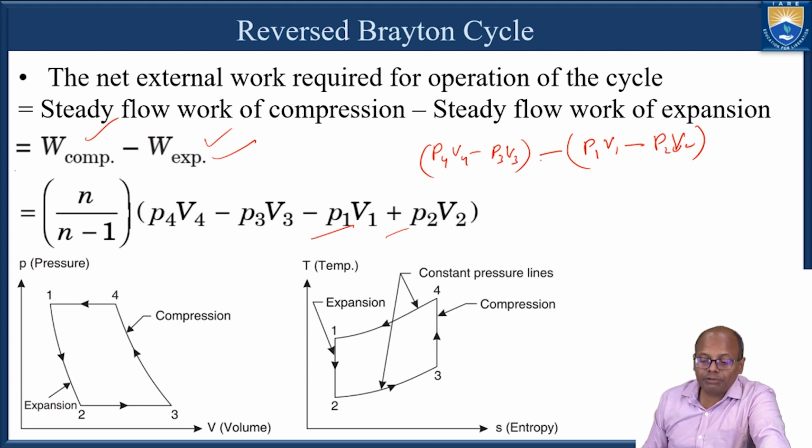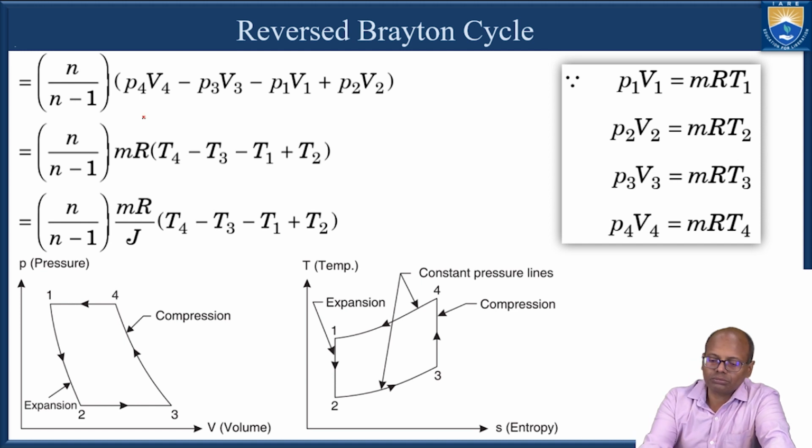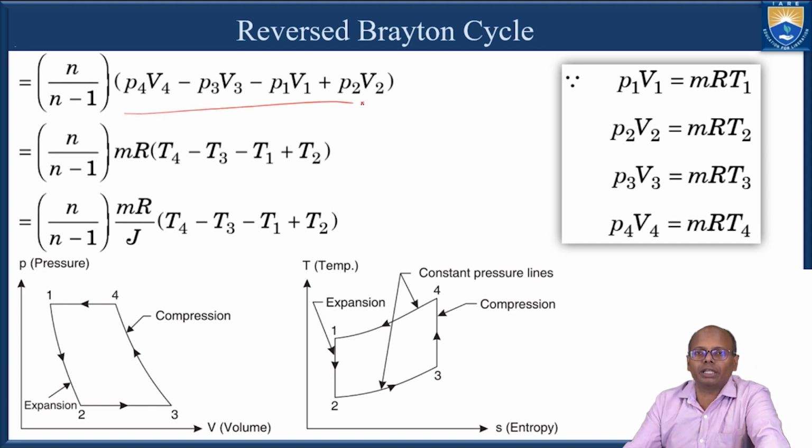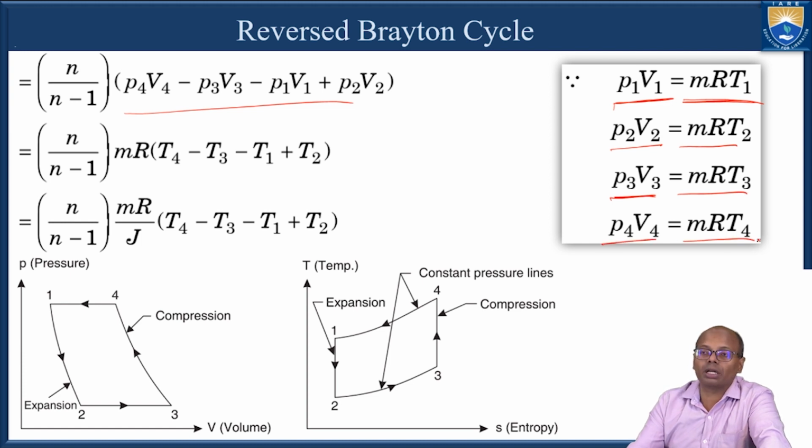Okay. Now if it is an isentropic process, what we have to do? The n should be replaced by gamma. Okay. Now, further simplification, so this is what we ended at. Now, from the universal gas equation, P1 V1 is equal to mRT1, P2 V2 is equal to mRT2, P3 V3 is equal to mRT3, P4 V4 is equal to mRT4.